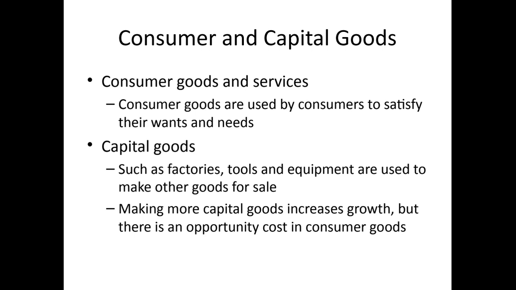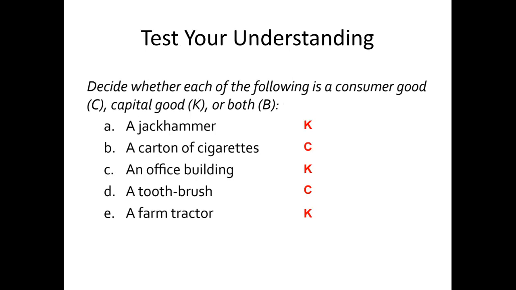Let me give you several examples for these two types of goods. The answers are already given in the slide, so I'll just explain. Decide whether each of the following is a consumer good, C. That is why I did not use capital C to explain capital.